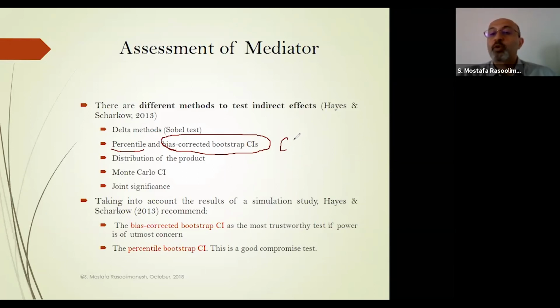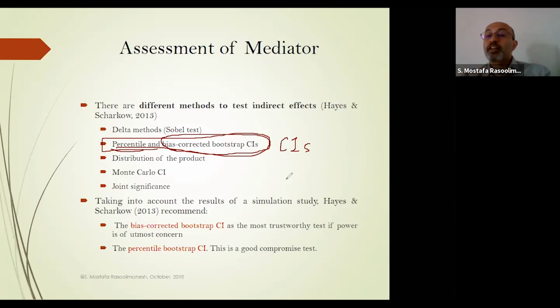So you have to calculate a confidence interval for assessment of the indirect effect, product of coefficient, and based on the result of bootstrapping, either bias corrected or percentile, you can assess the indirect effect and mediator. If the indirect effect is significant based on one of these two tests, you can conclude that the mediator is a significant mediator between IV and DV.